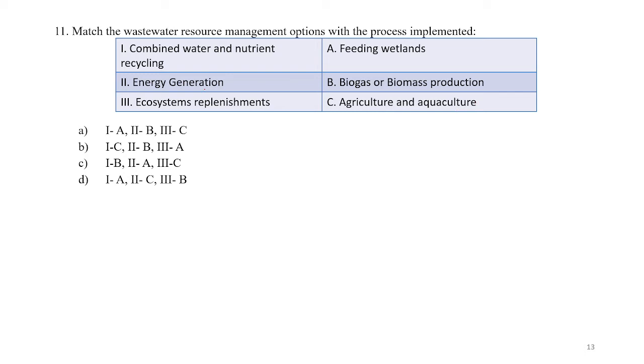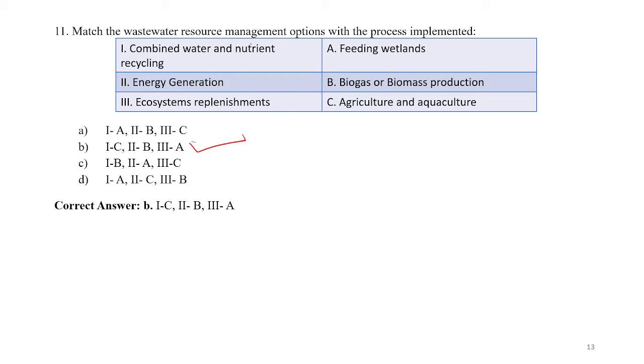So you have your options here. Any suggestions, anyone? Option B. Okay, any other options? Option B, madam. Let's see what the answer is. Option B is the correct answer. Very good.